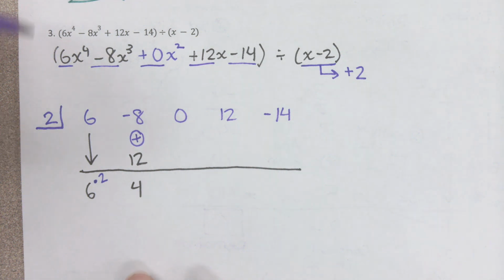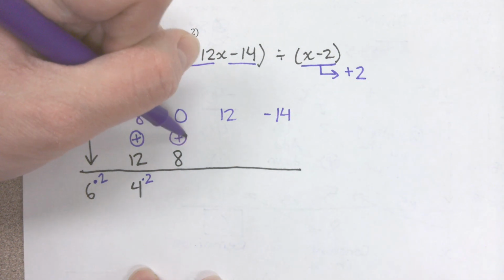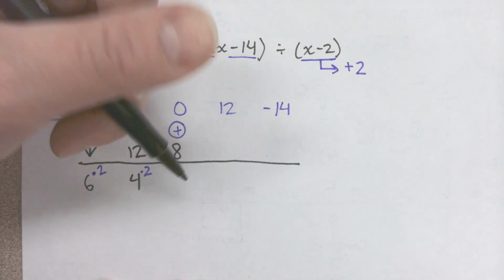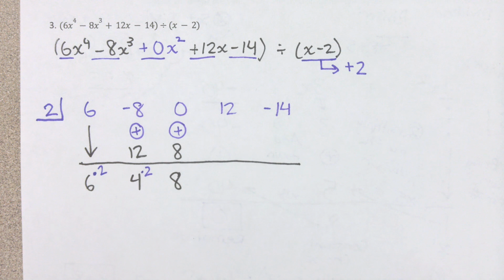And then we repeat. 4 times 2 is 8, and then we add down. One of the most common mistakes is made right here. 0 plus 8 is 8, not 0. 0 plus 8 is 8.